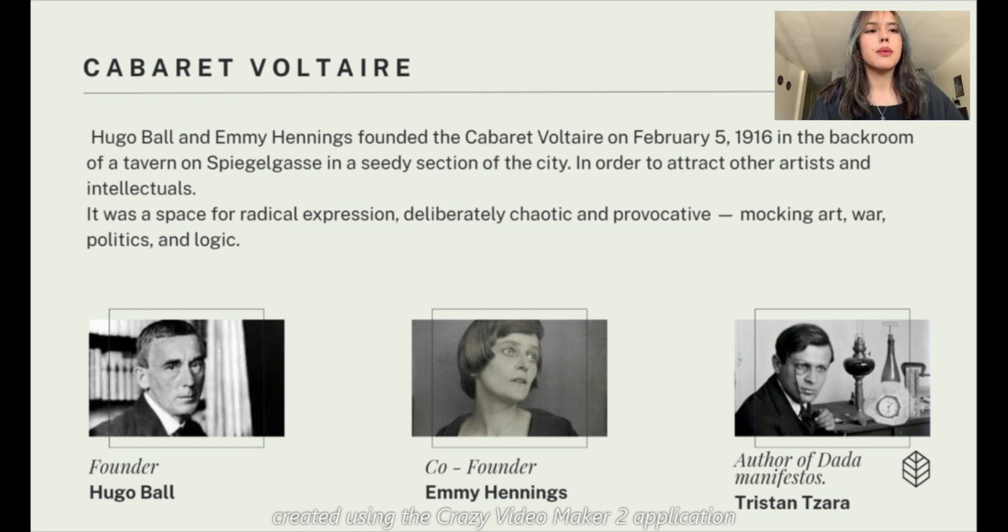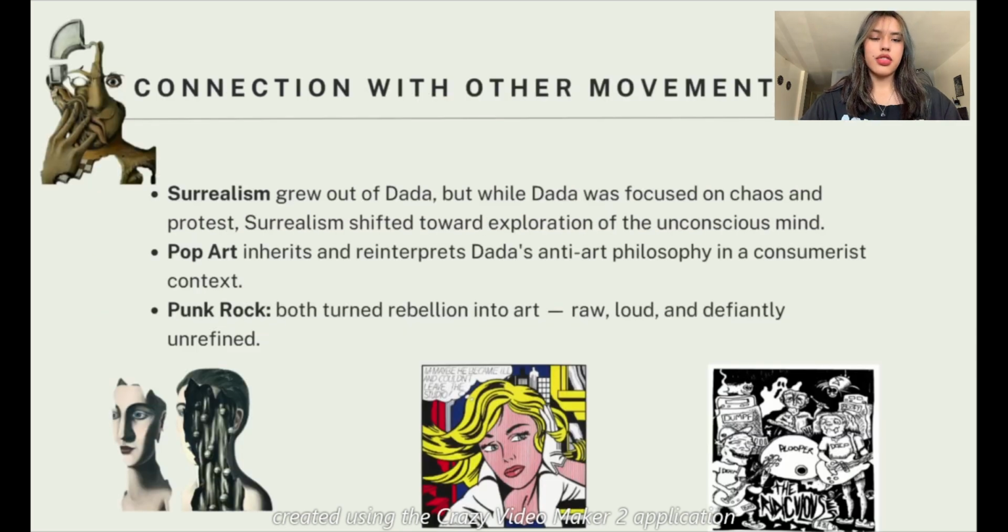And Tristan Tzara was the author of the Dada Manifestos, which were written declarations that expressed the ideas, the goals, and the attitude of this movement. Tristan Tzara was a Romanian poet and a theorist.